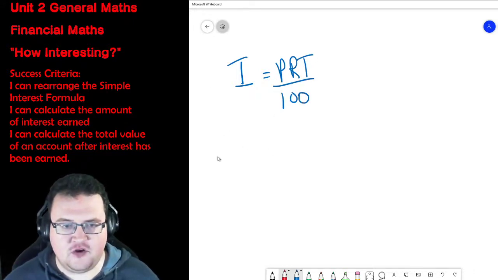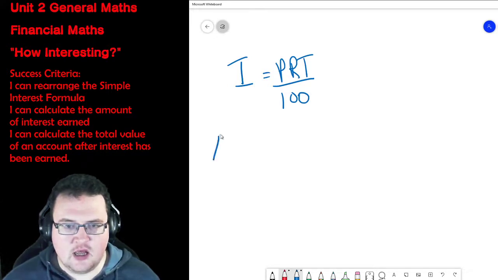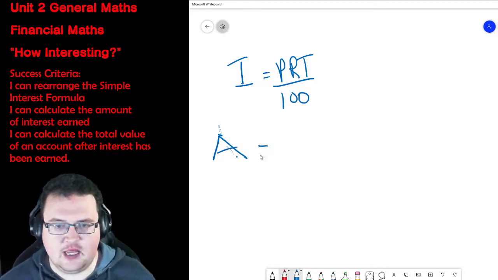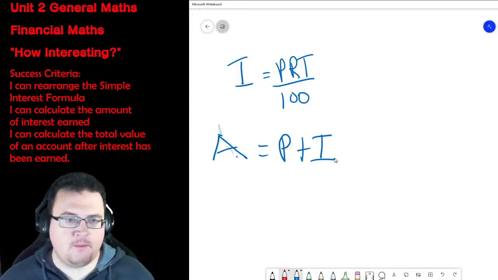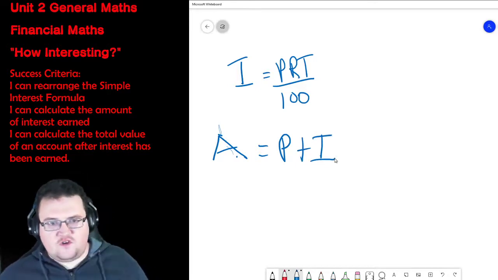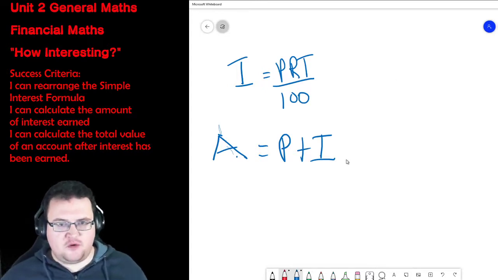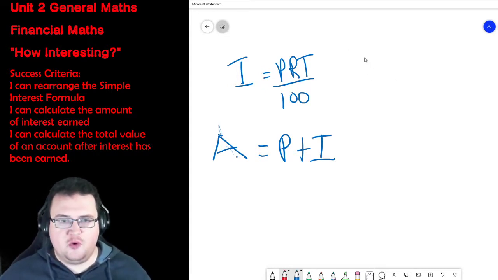And the other one that you need is A equals P plus I. So these are formulas that have a bunch of different pronumerals in them. So let's go through the important ones.